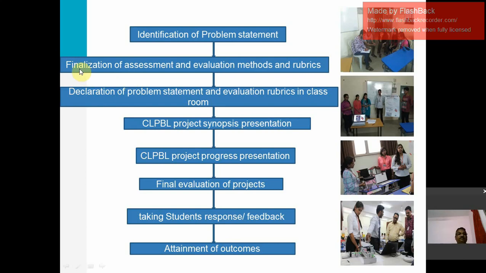Then finalization of assessment and evaluation methods and rubrics. So as told earlier, first finalize the evaluation scheme, then finalize the evaluation parameters, and with the help of evaluation parameters design the rubrics.